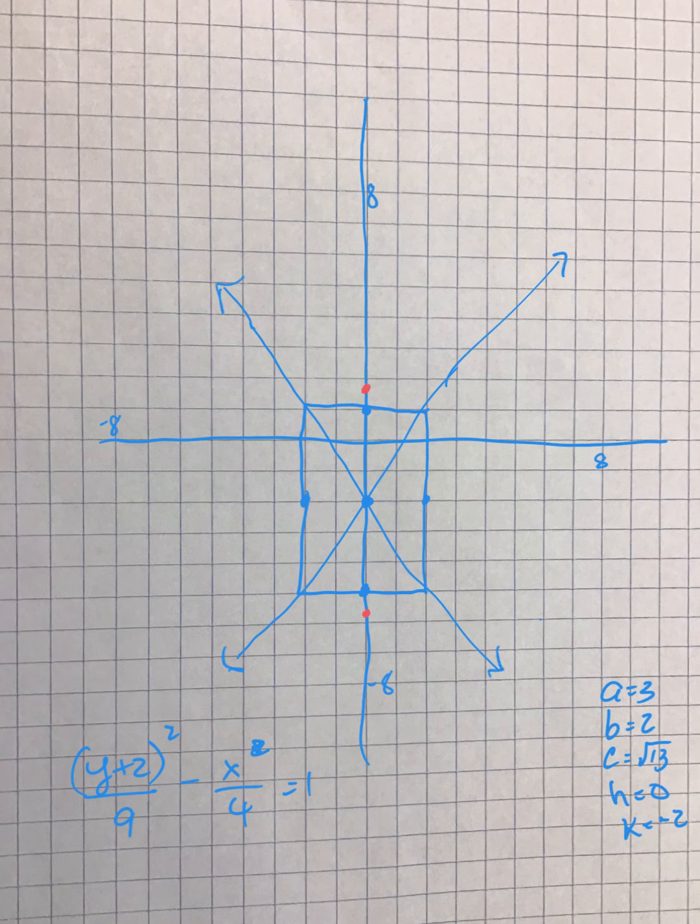Since this is a vertical, the hyperbolas are going to go up and down, okay? And all we do to graph the hyperbola is you go from this corner of the box and you hug that asymptote and you hug that asymptote and do the same down here. And you've just drawn your first hyperbola.